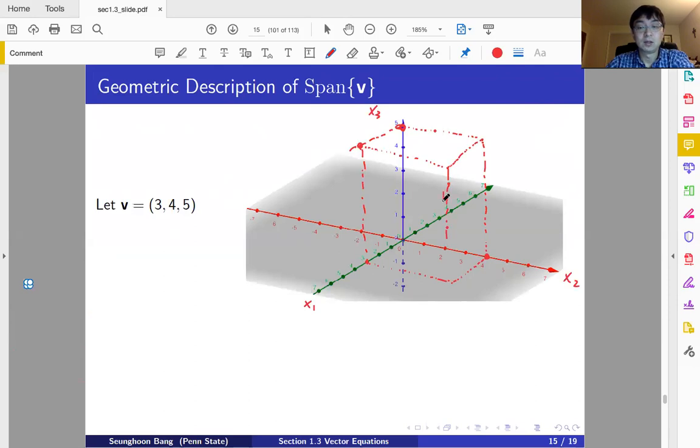And make the rectangular box, this one. So this point is vector v. You can connect to the origin. So we have it. This is vector v.